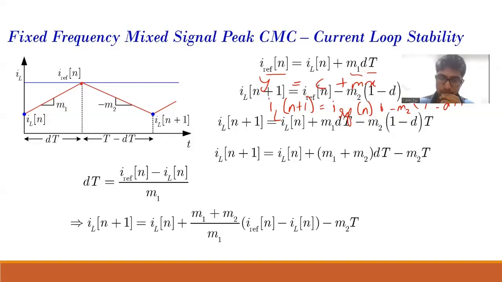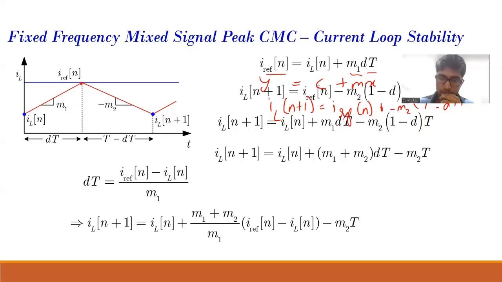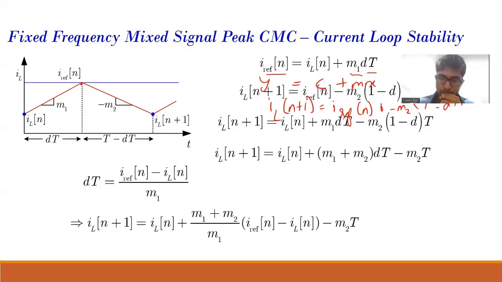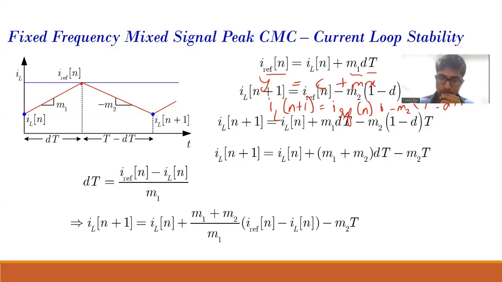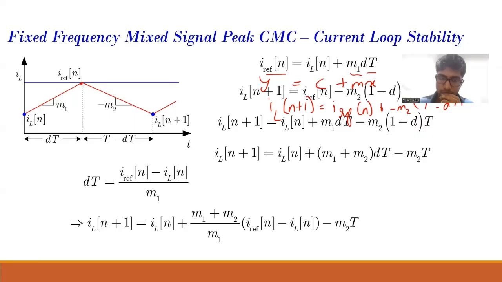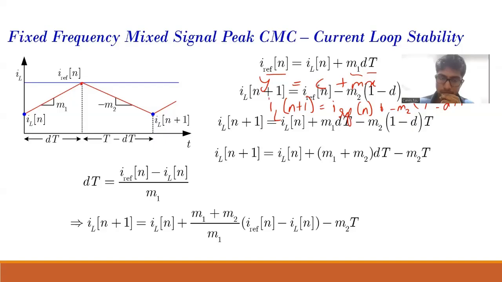Actually, we have lots to cover. Similarly, for fully digital current mode control, you can write these difference equations and derive it. It has been shown that there is a slope requirement for my emulated ramp.